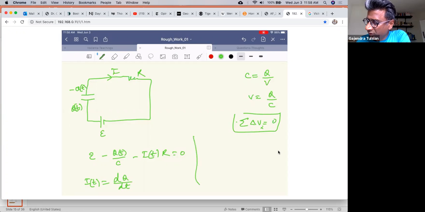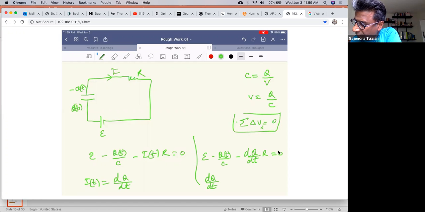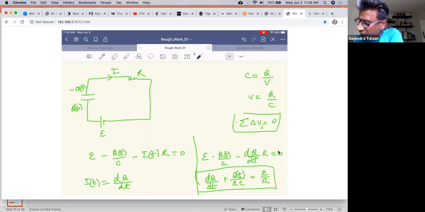So this equation becomes, and we'll clean this up, dq by dt plus q by RC equal to E by R. So there is the differential equation that describes the behavior of the system, the mathematical model, and you want to solve this differential equation.